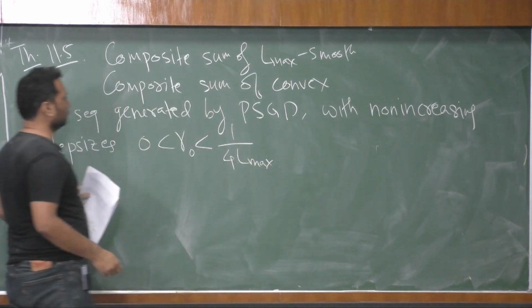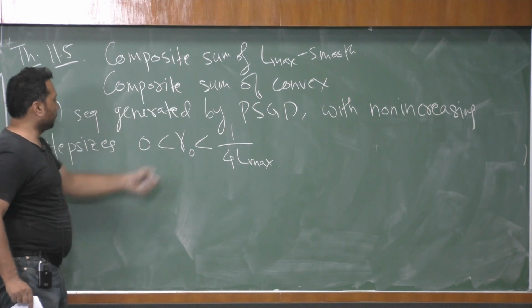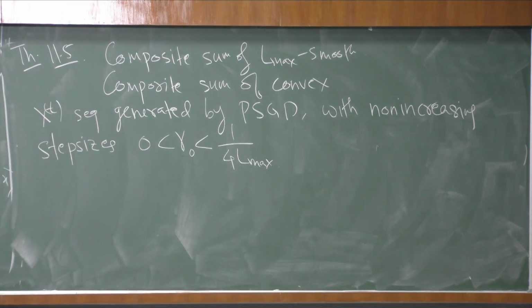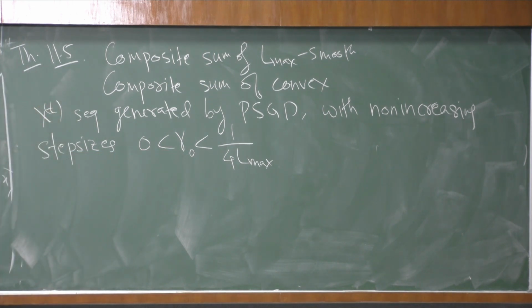So we are saying non-increasing step sizes, let's say those are gamma_t, but the first one is the first step size that we took in the first update. We take that to be bounded between 0 and 1 by 4 L max, and we know the other ones are non-increasing. So this means they are going to be less than or equal to gamma naught. So in general gamma_t will be less than or equal to gamma naught.